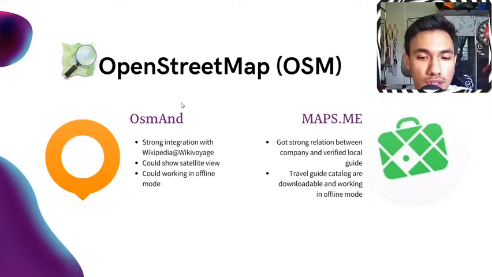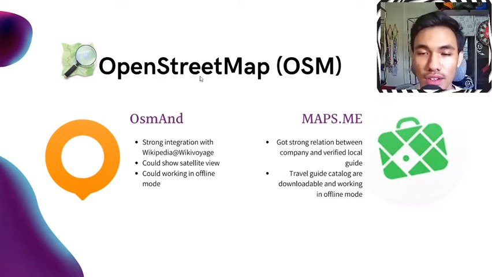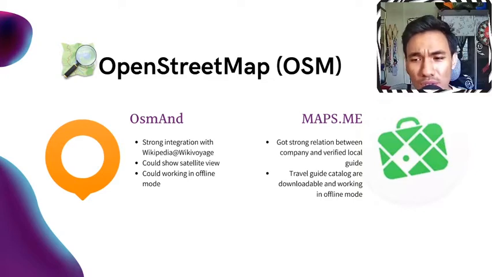Firstly, as you can see here, OSMAnd has a strong integration with Wikipedia and Wikivoyage. Also, OSMAnd could show satellite view, and it could work in offline mode. For maps.me, the feature is a strong relation between the company and verified local guides, and a second feature, which is a travel guide catalog, that is downloadable and works in offline mode.